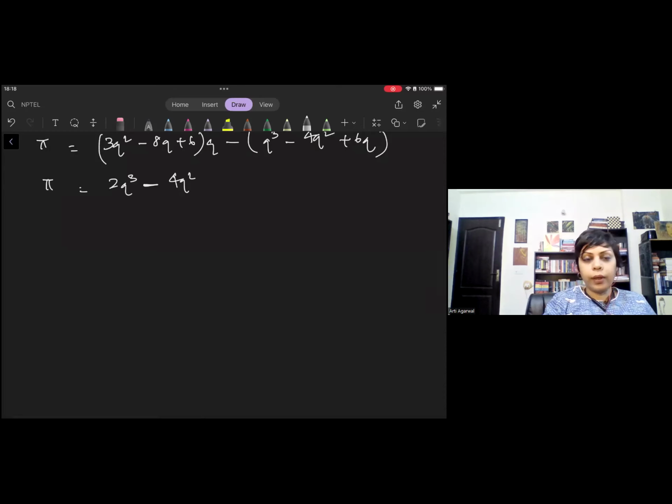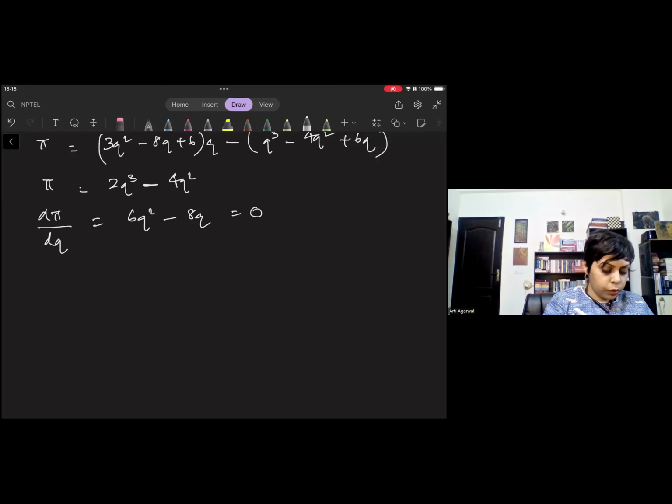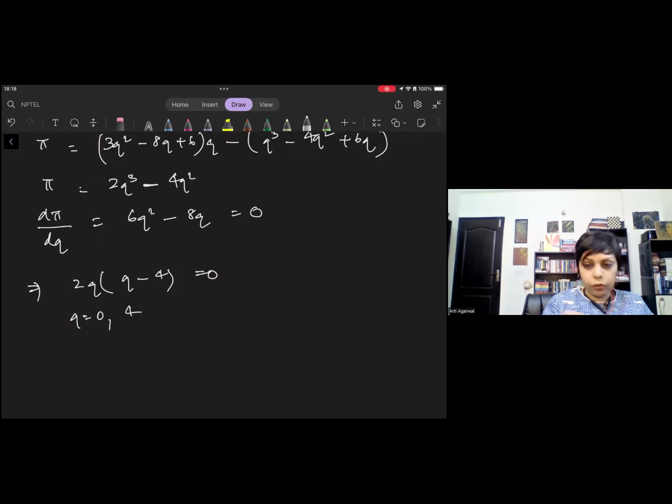Okay, so for profit maximization, the firms will do d pi by dq, which is 6q square minus 8q is equal to 0, in which case you can take 2q as common, q minus 4 is equal to 0, q is equal to 0, comma 4.